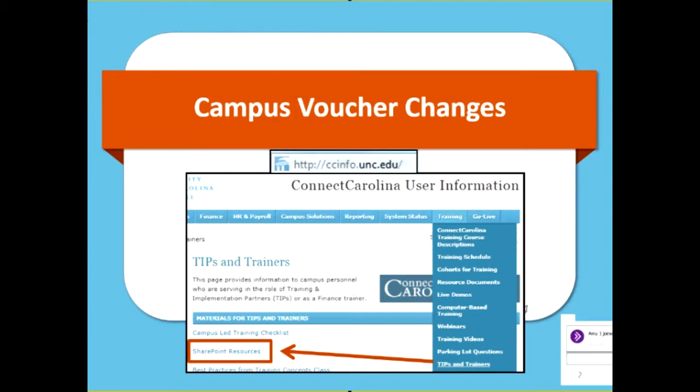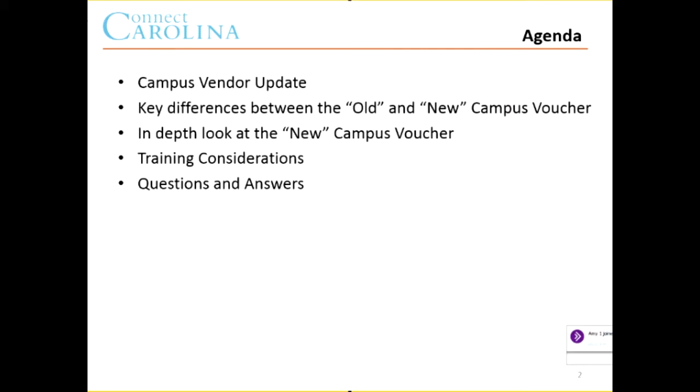So what we're going to cover today, quick agenda, is just very quickly touch on a little difference in the campus vendor transaction from what those of you who attended Train the Trainer early on saw. We're going to take a look at the key differences between the old and new campus voucher. I know you're eager to see that and figure out how we're going to train that.